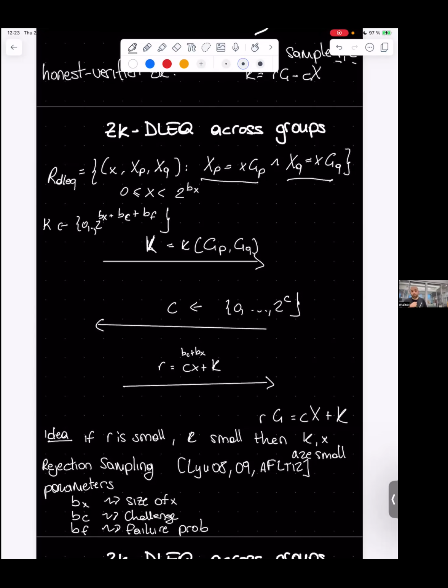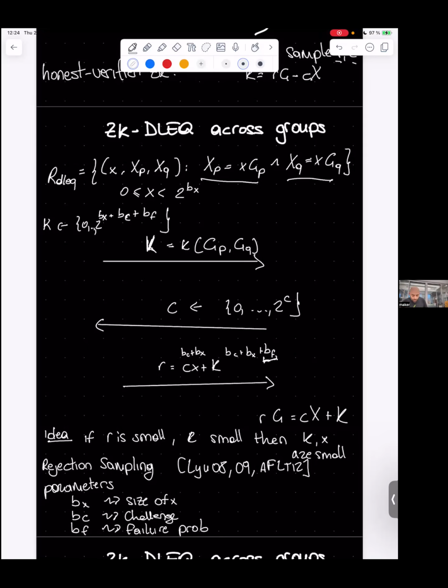And then we have K, which has number of bits B of C plus B of X plus B of F. And as you can see, B of F is really an extra mask that allows us to have zero knowledge, because in the paper we will show with a lemma, inherited from previous works, that these extra bits really mask X completely.